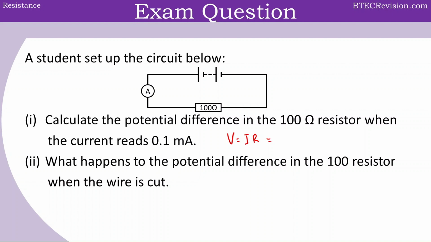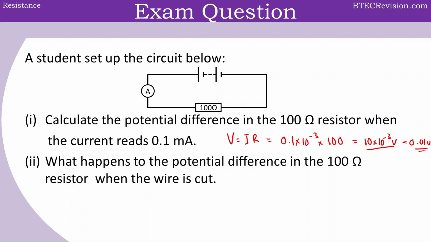Milli is times 10 to the power of minus 3. So the current is going to be 0.1 times 10 to the power of minus 3, times the resistance of 100. And that will give us a value of 10 times 10 to the power of minus 3 volts. And we can also write this as 0.01 volts.